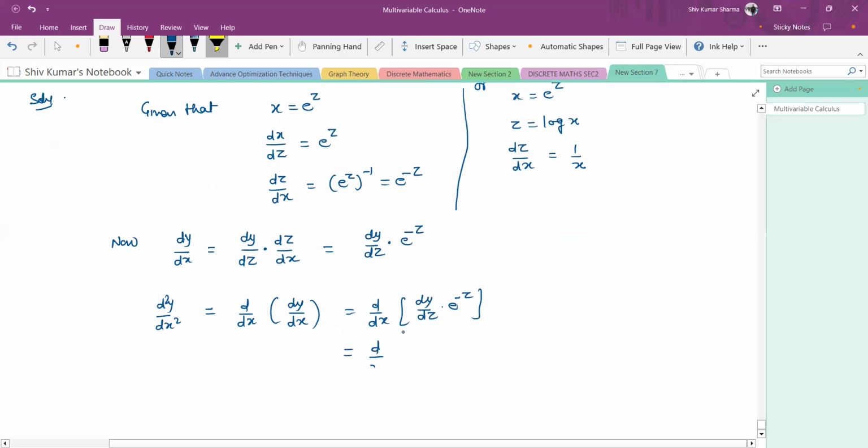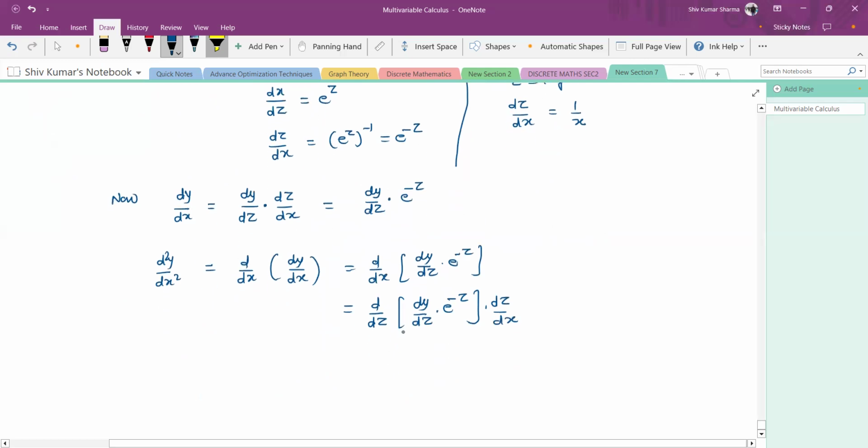This can be written as d upon dz into dy by dz into e raised to the power minus z, into dz upon dx. Now we differentiate this with respect to z. There are two functions of z, so we use the product rule. We write the first function into differentiation of the second with respect to z, plus differentiation of the first, d2y over dz square, into the same second function, into dz upon dx.